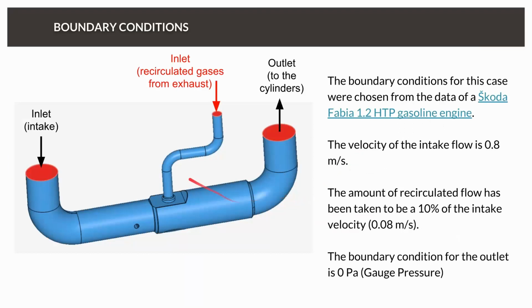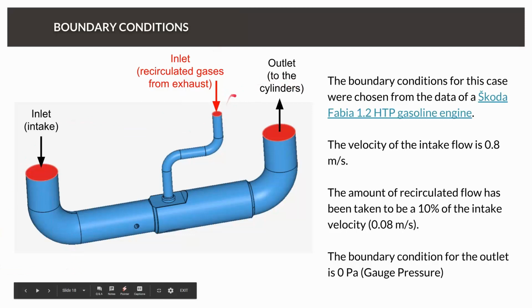Now we're going to investigate several things. We'll talk about it in 5 minutes, but just to let you know, we will use the CFD simulation to take a look into the flow field. First of all, we have to decide which kind of boundary conditions we want to use.